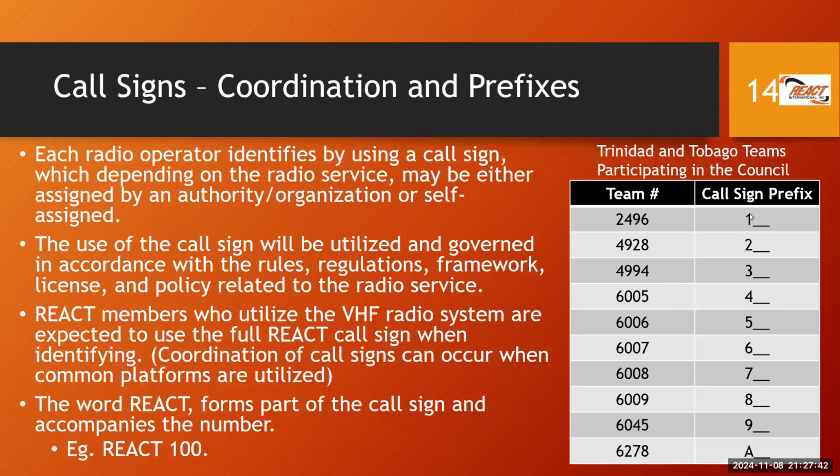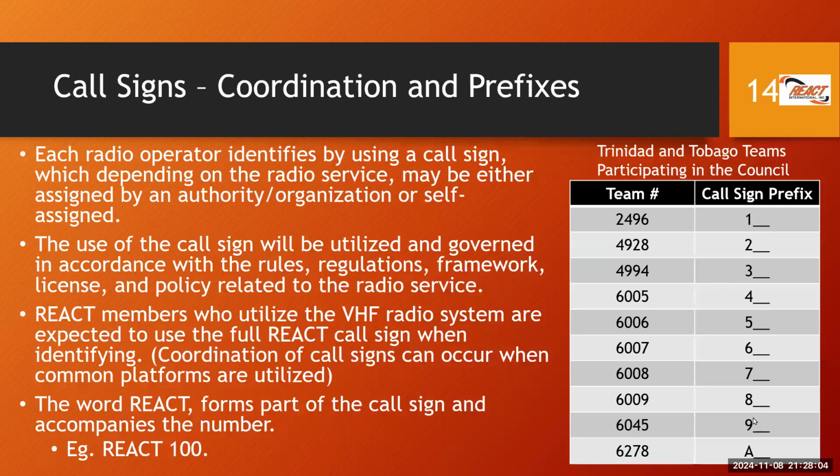So once you hear a REACT call sign, REACT 1 something something, that's a member of team 2496, right? And so on. 4928 will be REACT 2 something something, right? So these are the call sign prefixes, and it usually will be digits afterwards, right?